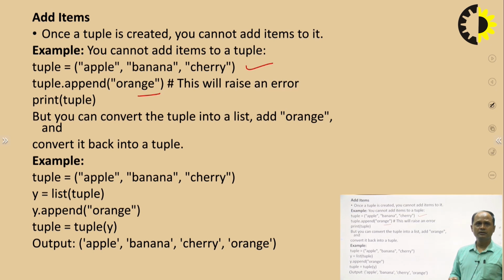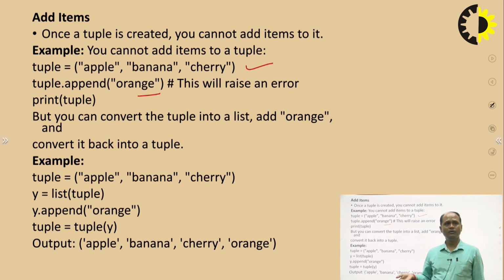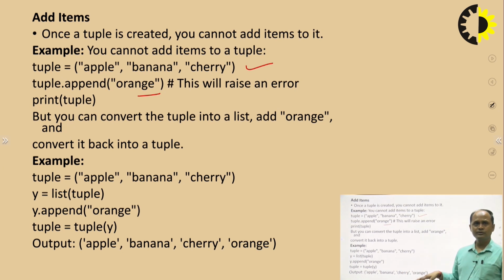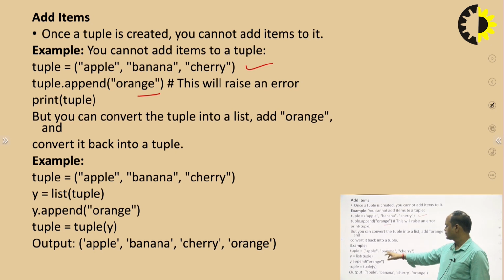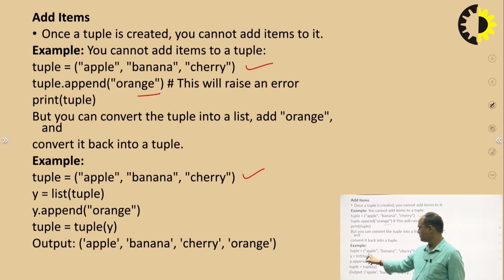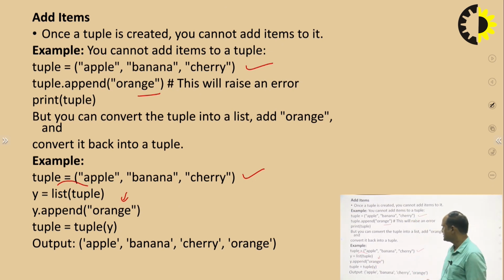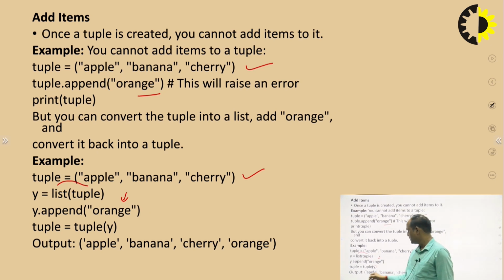The procedure is the same one we previously discussed for changing a data item in a tuple. We use that method in this topic also. We have defined the tuple. After converting the tuple into a list with this statement, we use y dot append orange to add the data item to the list.